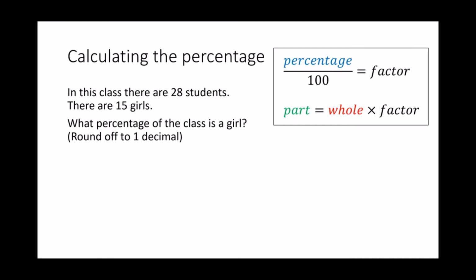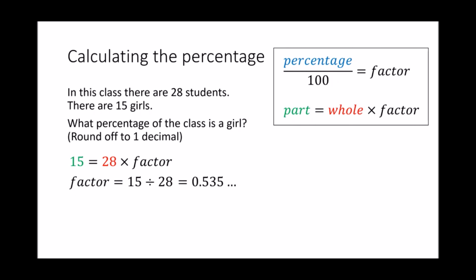So because the part is 15 girls, the whole is 28 students, we need to figure out the percentage, but we can't get there straight away. We don't have a formula with all of that. So we start with the second formula, filling in the part and the whole. So 15 is 28 times some factor, some fraction. And then to get the factor, we have to divide by 28.